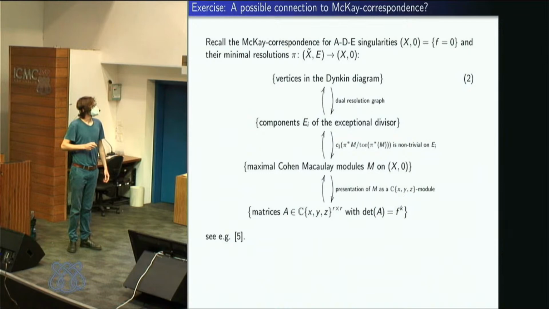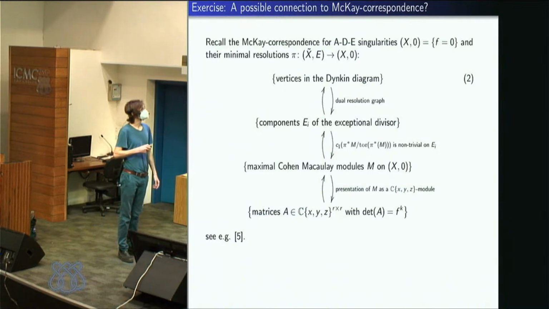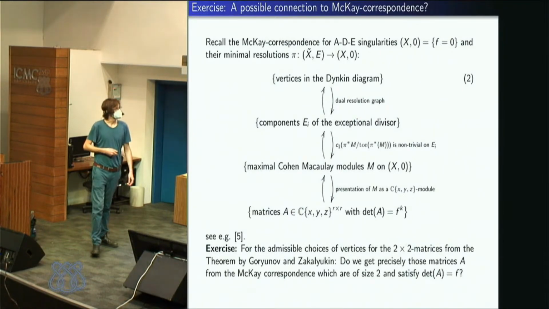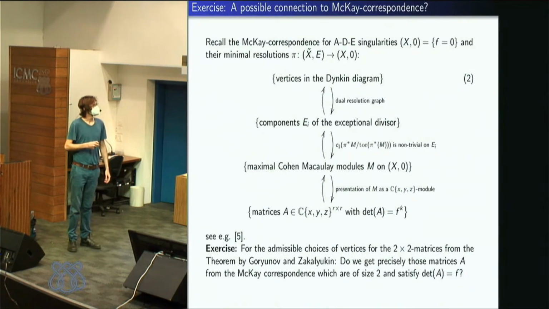And then a maximal Cohen-Macaulay module also has a presentation matrix as a module over the power series ring. And it has to satisfy this property: the determinant of this presentation matrix has to be some power of F. So exercise: go there and see, is this really the same correspondence that we find in Goryunov and Zakalyukin?